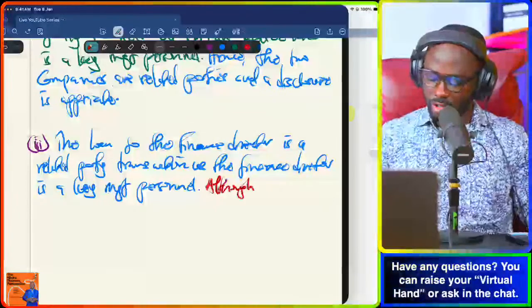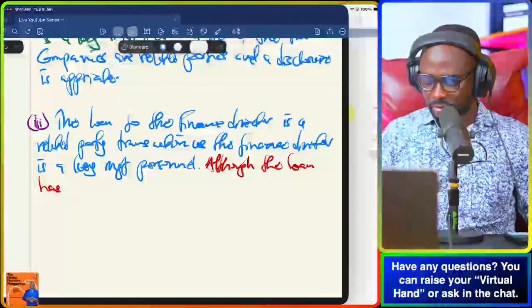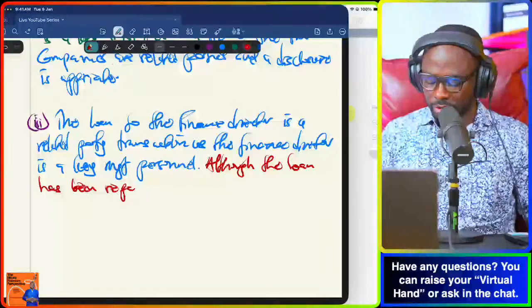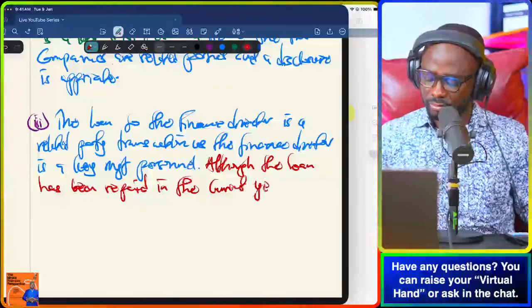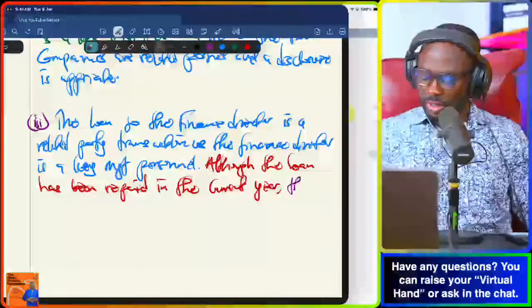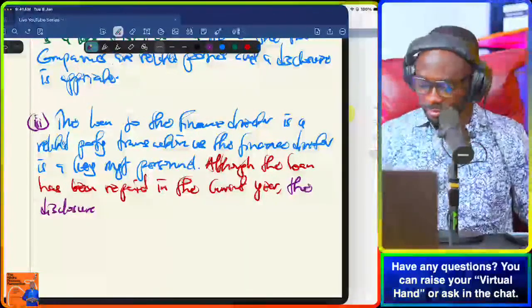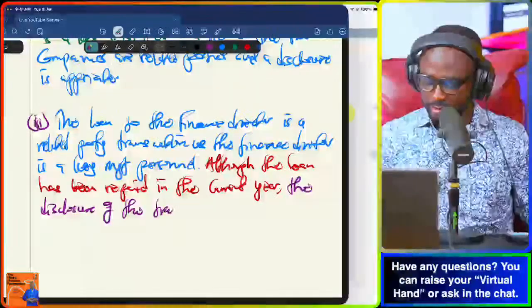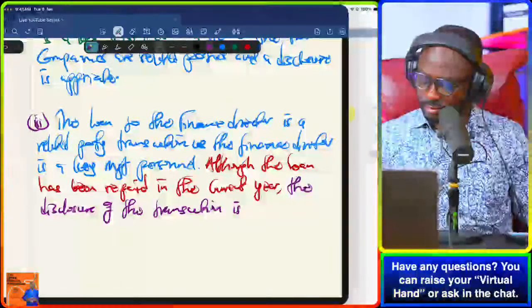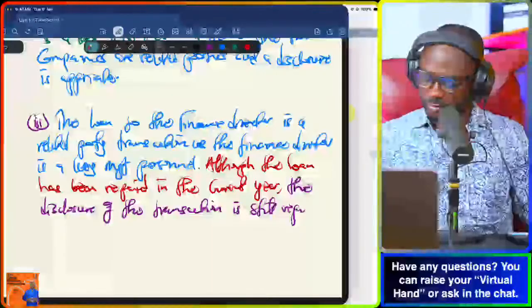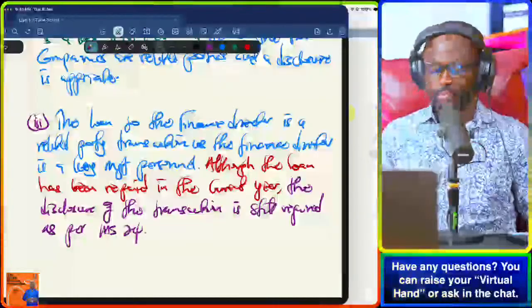Although the loan has been repaid in the current year, the disclosure of the transaction is still required as per IAS 24.